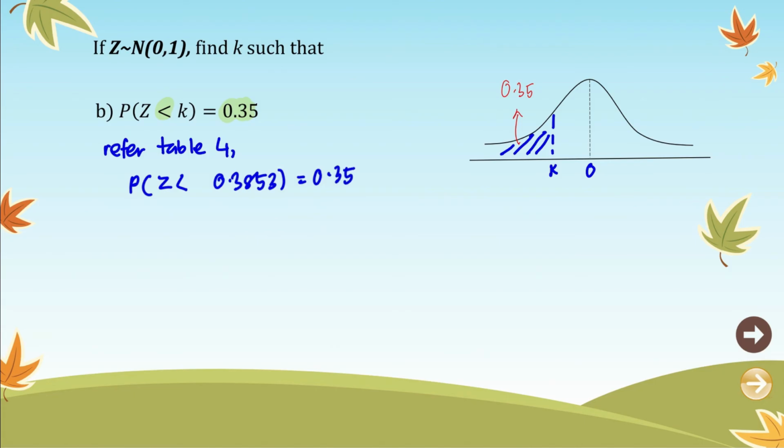But for this one, we need to put negative in front of the value because our K is on the left of 0. So we will get K equals to negative 0.3853.